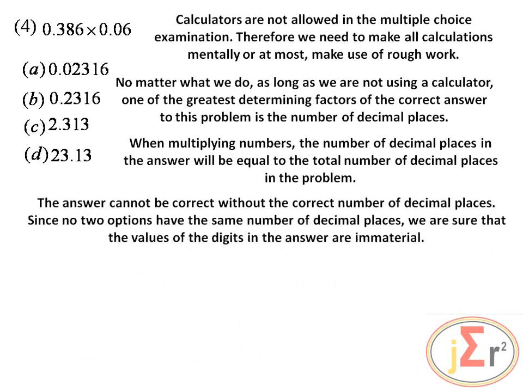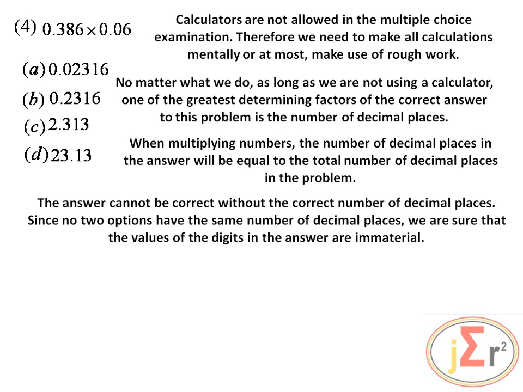The answer cannot be correct without the correct number of decimal places. So, if we do not have the correct number of decimal places, no matter what we do right, the answer cannot be correct.